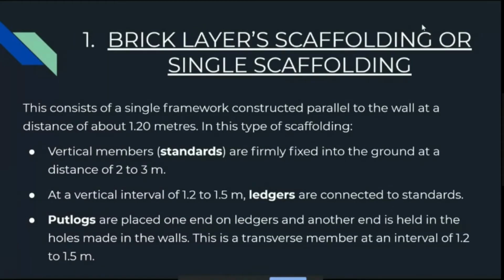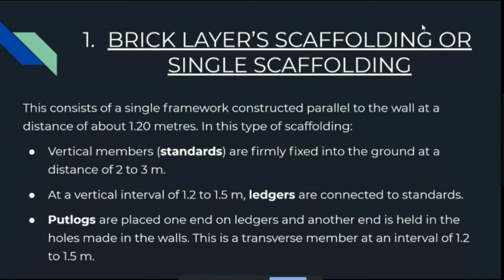Then, at a distance of 1.2 to 1.5 meters, ledgers are placed and they are connected to the standards. And putlogs are then placed on the ledgers, with one end on the ledger and the other end supported on the wall with the help of holes. So holes are made into the walls into which the putlogs are placed.